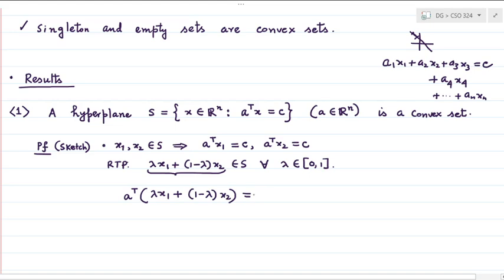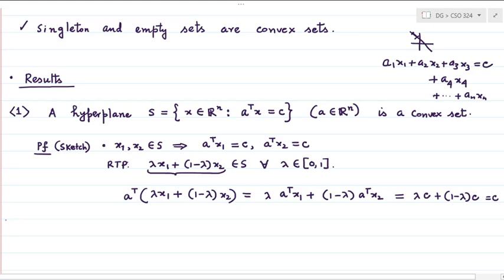You will have lambda into A transpose x1 plus 1 minus lambda into A transpose x2, because lambda and 1 minus lambda are scalars, they are real numbers. So this is equal to lambda times C, because A transpose x1 is C, plus 1 minus lambda times C, because A transpose x2 is equal to C, and therefore it is equal to C, and hence it proves that the set capital S is a convex set. Fine, very simple it is.